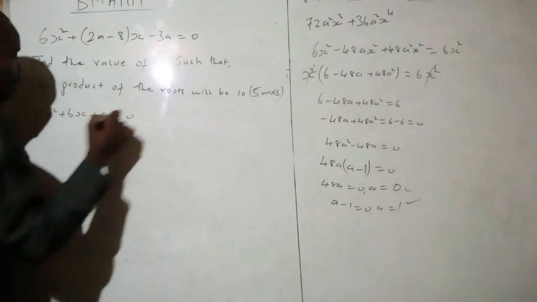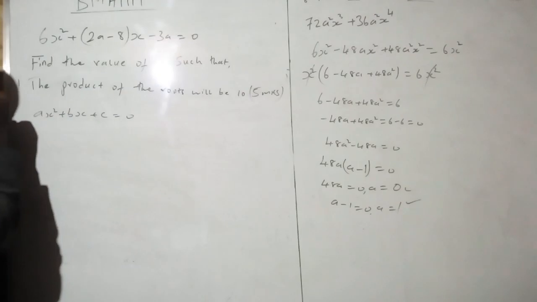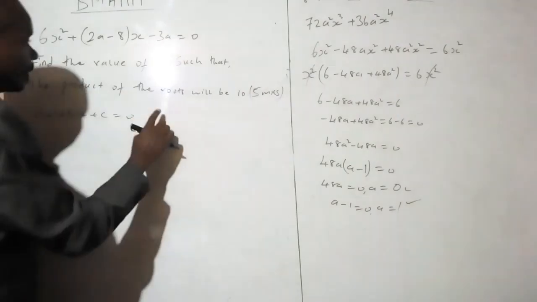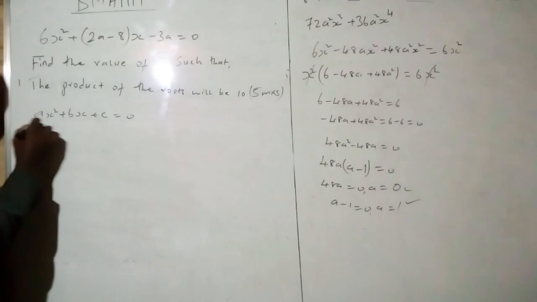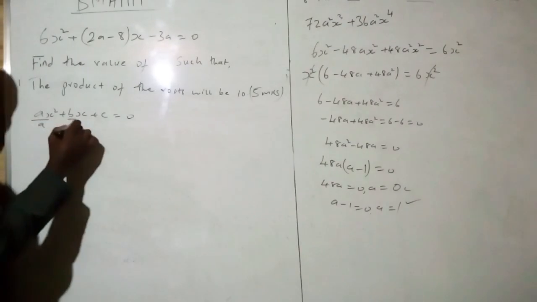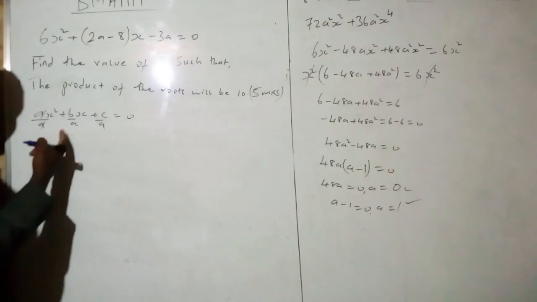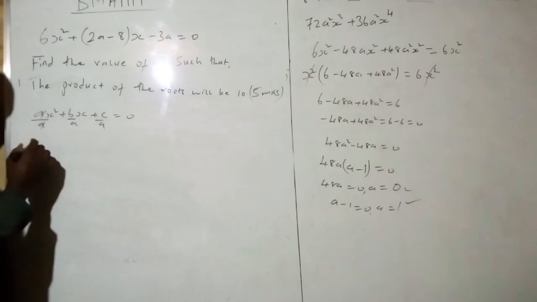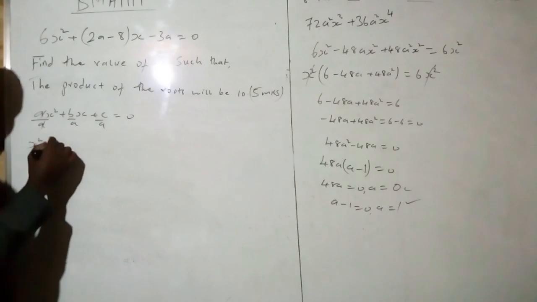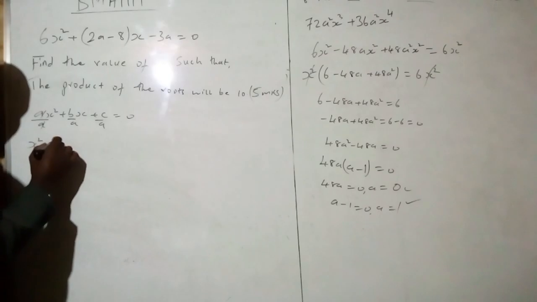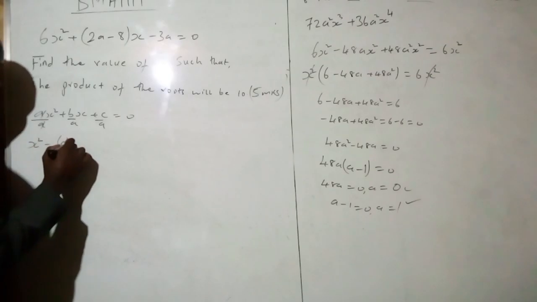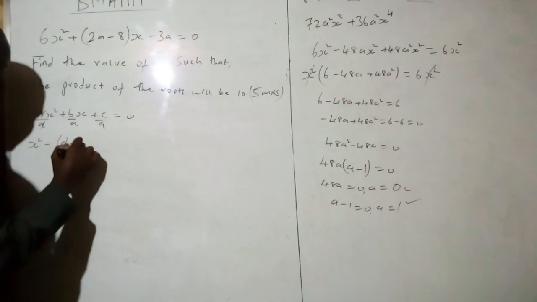Then we can divide by a, by a, by a, like that. And again, we also have this equation, x squared minus, you open the bracket, alpha plus beta, x plus alpha beta is equal to 0.